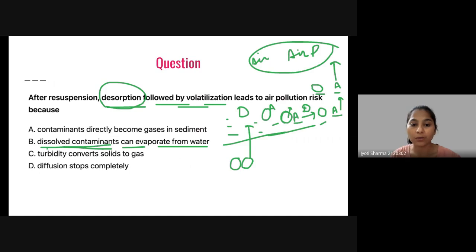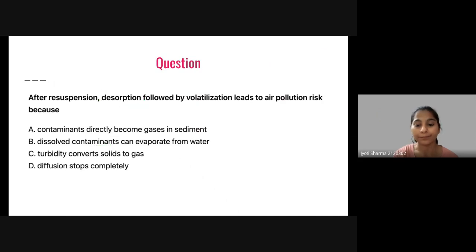So this is how we may have a risk of air pollution if there is a resuspension, because resuspension will be followed by desorption, which will be followed by volatilization. Then your contaminant A that we had at the bottom of, let's say, a sea or river, will go to the air and will create air pollution. So B answer is the right one.